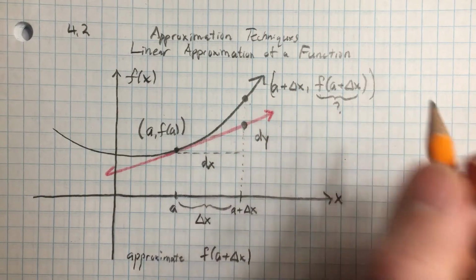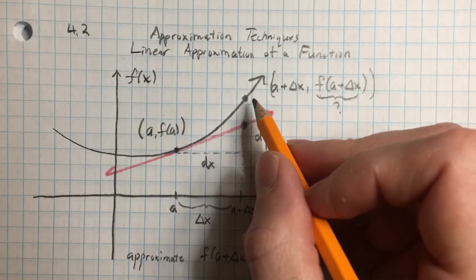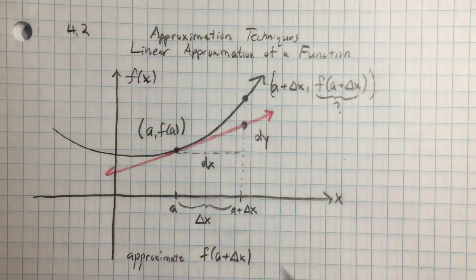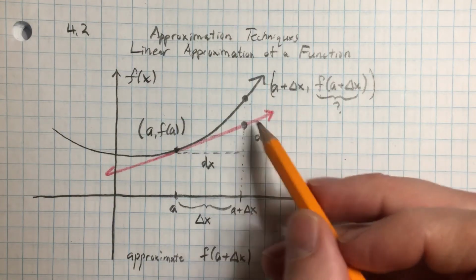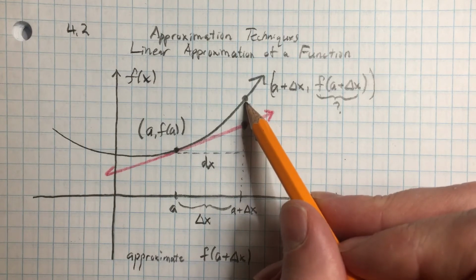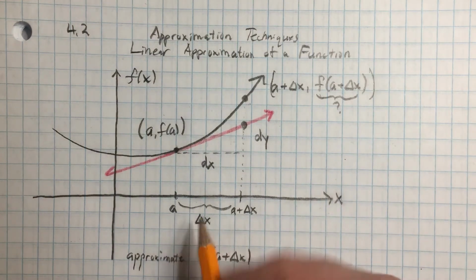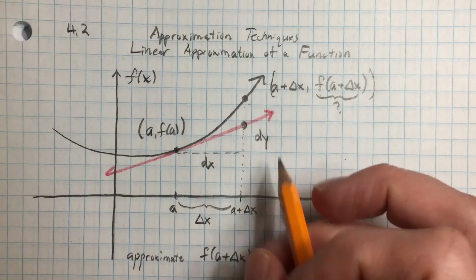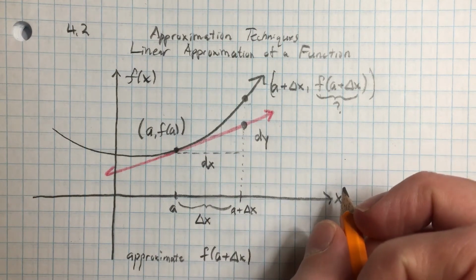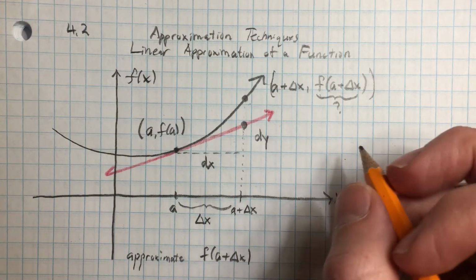This point here is going to be our approximate to this location, to this height here. Now, right now it doesn't look like a very good approximate because I've exaggerated the whole picture, but really the tangent line would be quite close to this location, as long as we don't stray too far away from a. Okay? So let's construct the tangent line in abstract here and see what we come up with.